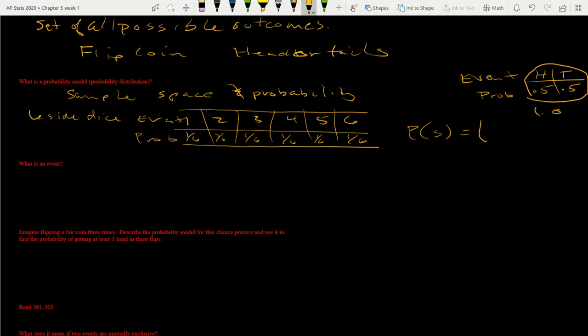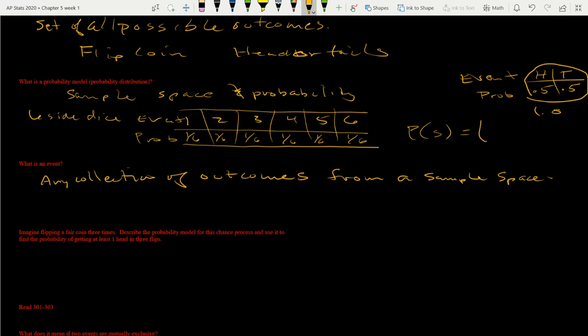All right, so what's an event? An event is any collection of outcomes from a sample space.